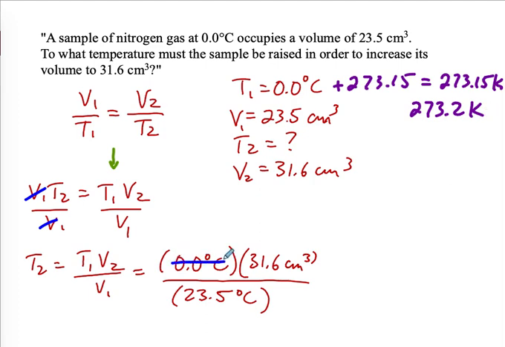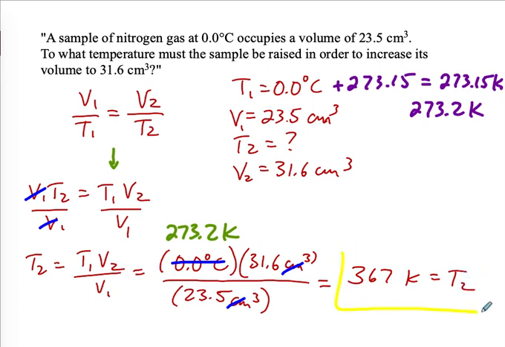We will now plug in T1 in correct units of Kelvin, 273.2 Kelvin. Now, that was 23.5 cubic centimeters down there for my volume. Now, cubic centimeters cancel cubic centimeters, and I get my final correct temperature as 367 Kelvin as my final temperature.